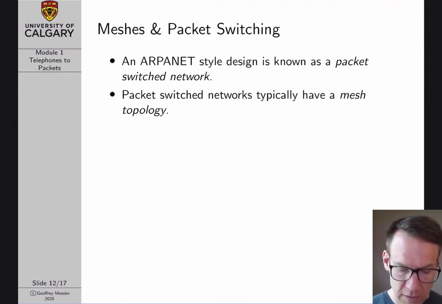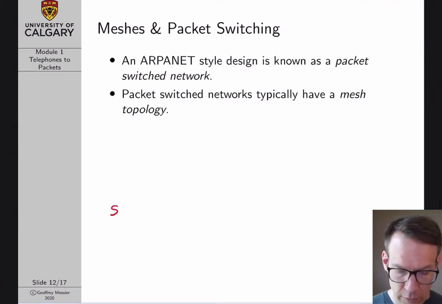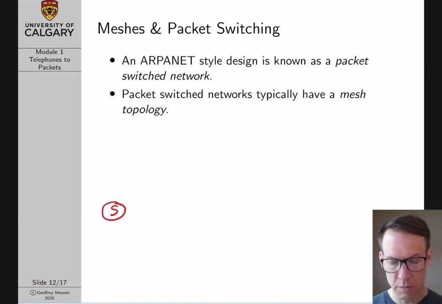So you can think of us as having a source node, maybe your smartphone that wants to post a message to a server, and a destination node that represents the server that you're trying to post the message to.